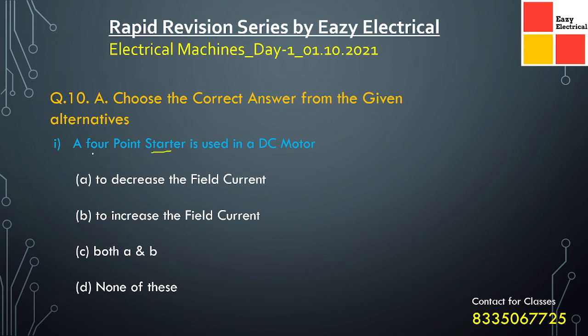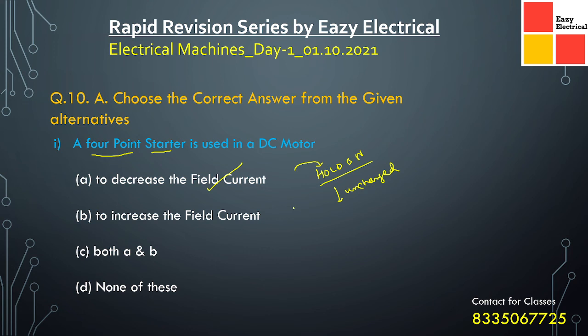The 4-point starter has a specific feature, that is, a hold on coil is present. Now if there is a change in the field current, the current through the hold on coil will remain unchanged.